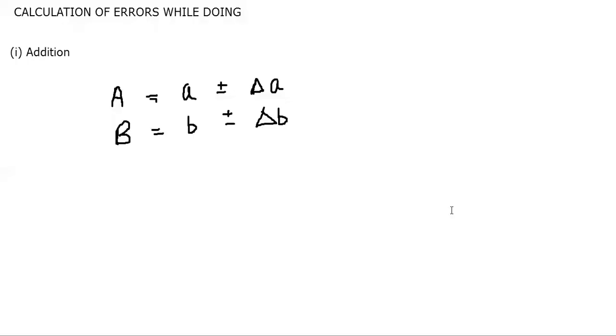So to understand this, we will go into the variables part. Suppose the two quantities that we have to add today are A plus minus delta A and B plus minus delta B. And now I have to add these. I have to make A plus B. So let C be equal to A plus B. C is the quantity which is equal to A plus B, and I have to find the value of C. Now, this capital A has two values, that is small a and delta A, where a is the true part of it and delta A is the error part.